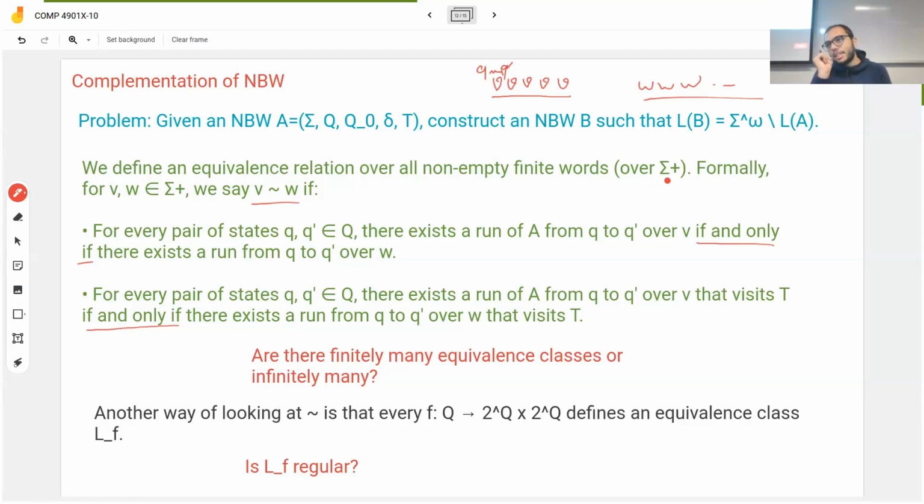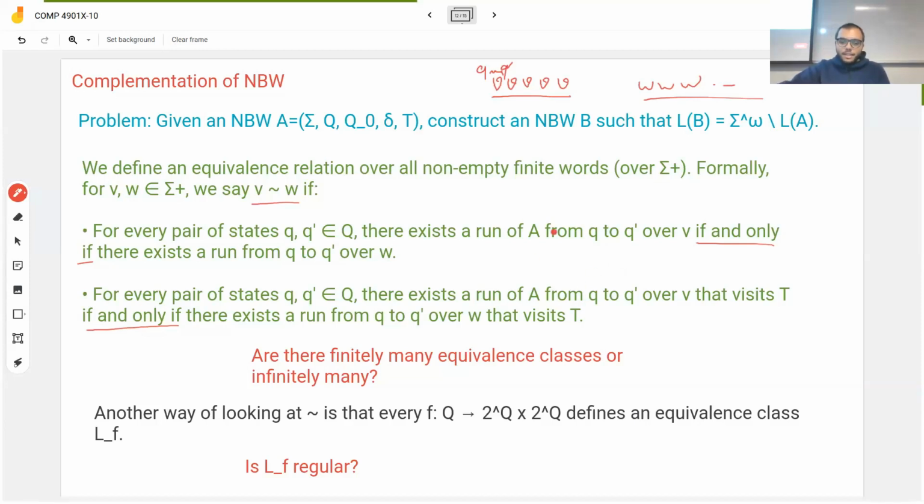And sigma plus is an infinite set, because you have infinitely many finite words. So at first glance, it feels like we can have infinitely many equivalence classes, because I have equivalence classes over sigma plus, and sigma plus is an infinite set. So it's possible to have infinitely many equivalence classes.